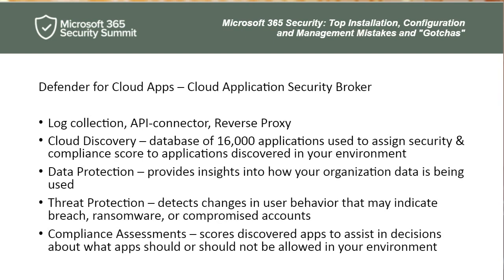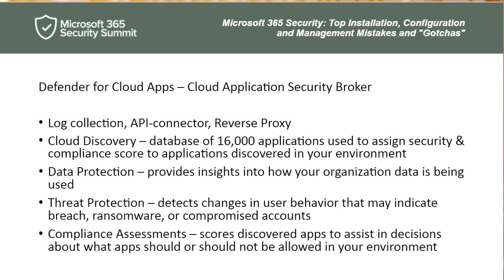It works on log collection, API connector, and it works as a reverse proxy. For log collection, Defender for Cloud Apps can collect logs from your network devices in your organization, maybe your edge router. It can see what third-party applications or even Microsoft applications your users are connecting to from within your network, and give you information about the applications being used in your network.